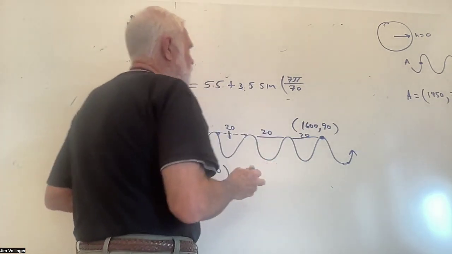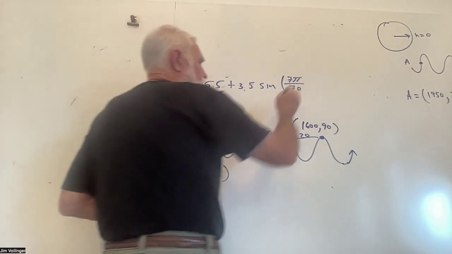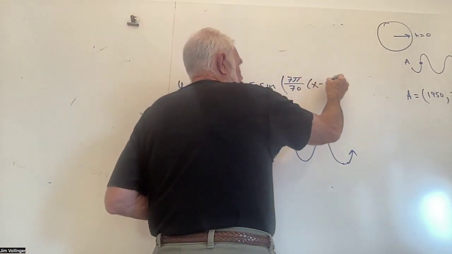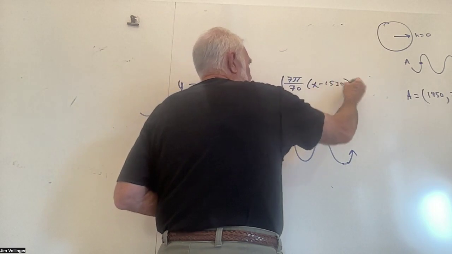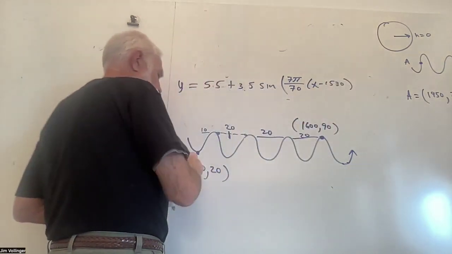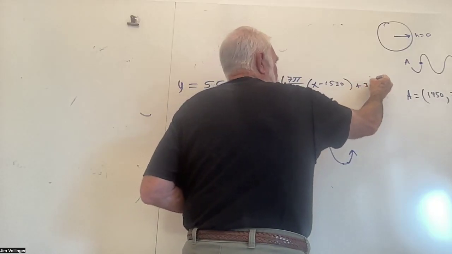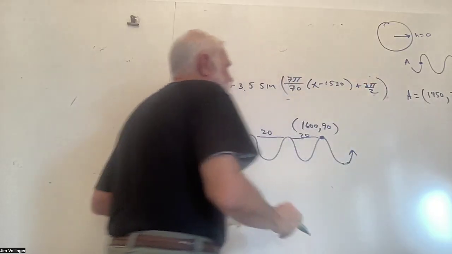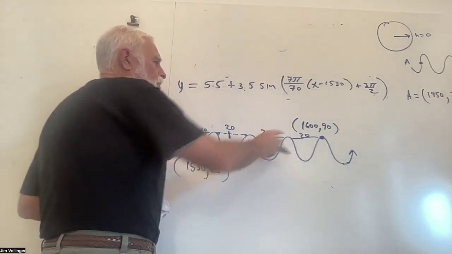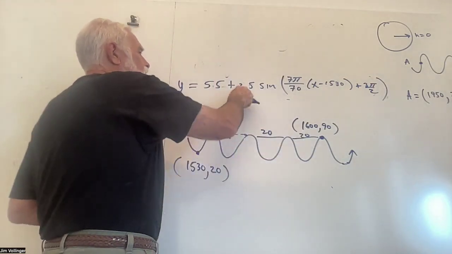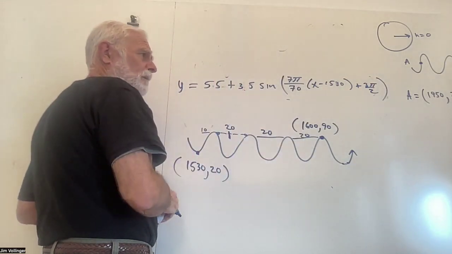Oh, I digress. Building off of 1530, x minus 1530. And I want to start at a min. So I'll do 3 pi over 2. That gets me the number -1 when I put in 1600. -1 times 30 gets me.